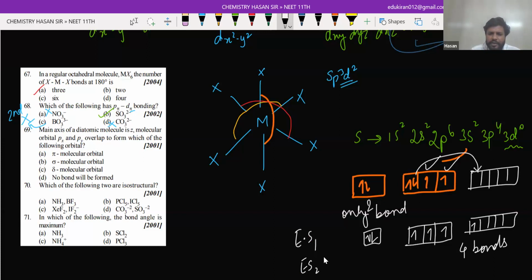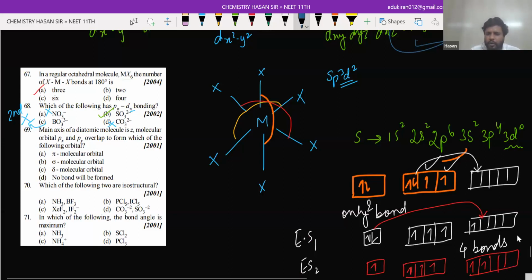Now for excited state 2, we excite this and it will be in this. This is also unpaired, one bond. These all three are unpaired, four bonds total. Now you can see how many bonds it is making: 6, including the d orbital.